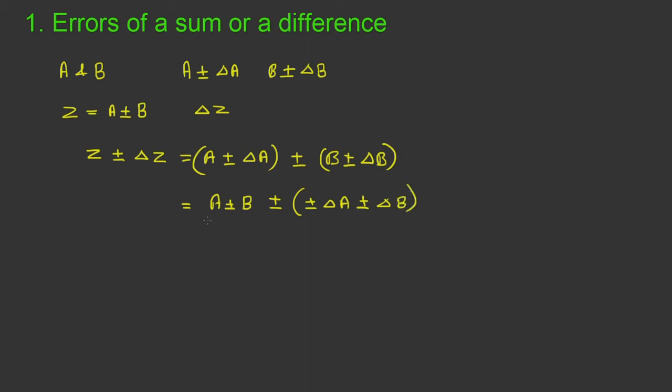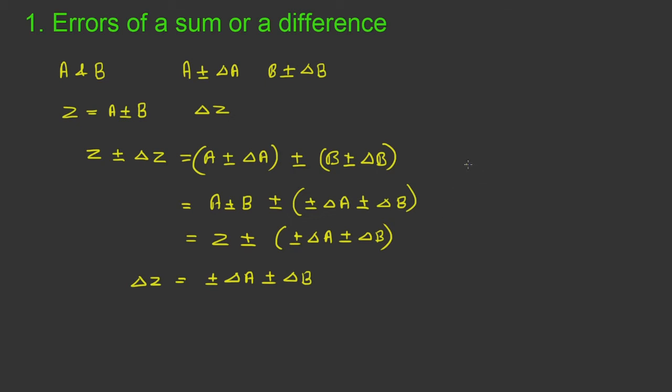A plus or minus B is Z, therefore I can write Z plus or minus delta A plus or minus delta B. Simply, delta Z is equal to plus or minus delta A plus or minus delta B. So, the error delta Z can take four possible values.